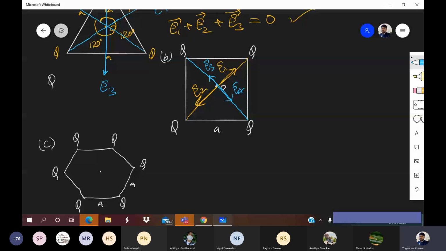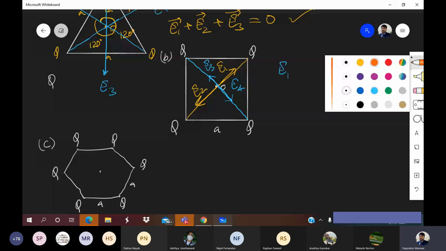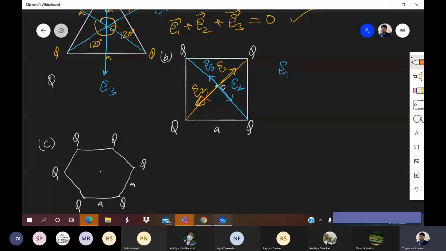So what we can see is E1 and E2 are equal and opposite. So these two will cancel each other. E3 and E4 are equal and opposite. So all of them will cancel each other. So E net at O, that means EO, will be 0.